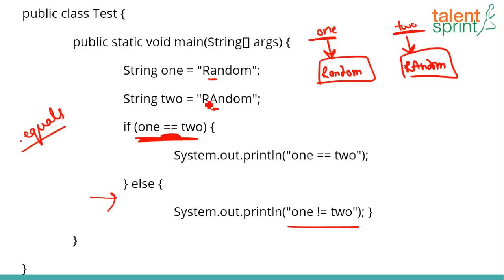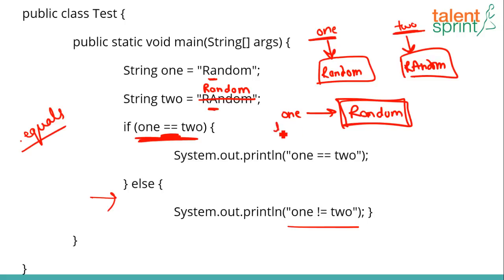Now let's say if this would also have been this. So in that case, what would happen is, ideally, when you create a string, a new object is created, correct? But in this case, the first one, random, would be created, stored in a memory location, and 1 is pointing to this, right? Now this is in the cache. Now when 2 is created, compiler sees that the value of the 2 is also similar to the value of 1.